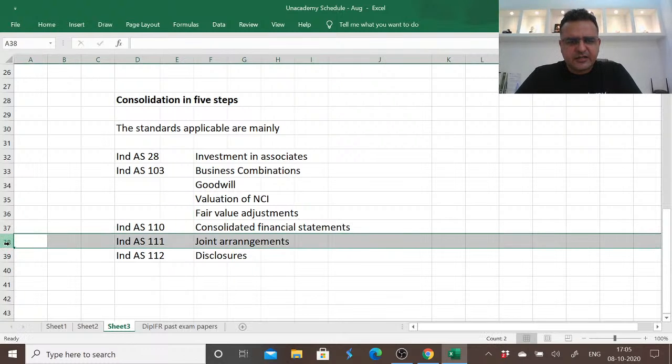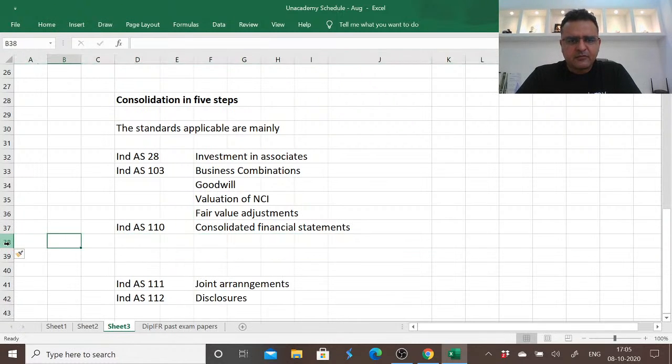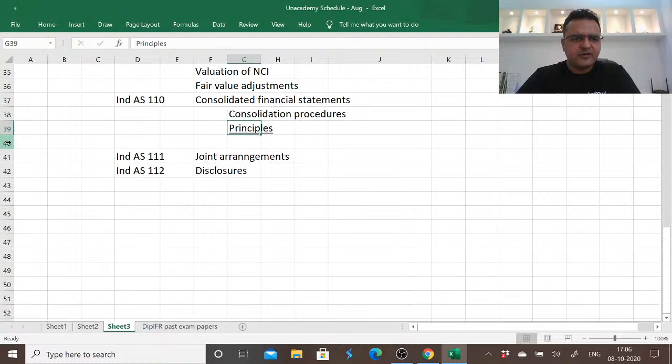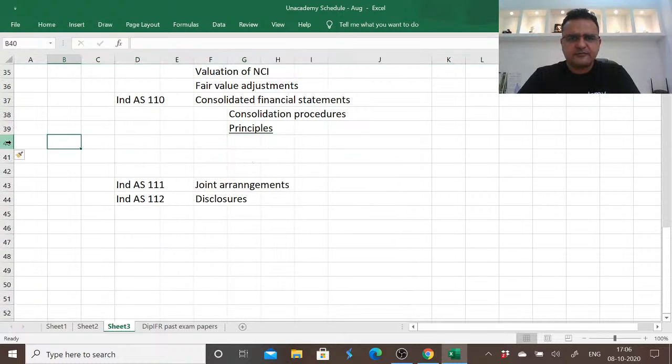Ind AS 110 mainly deals with the consolidation procedures, deals with the principles like asset of one entity and liability of another gets cancelled on consolidation.